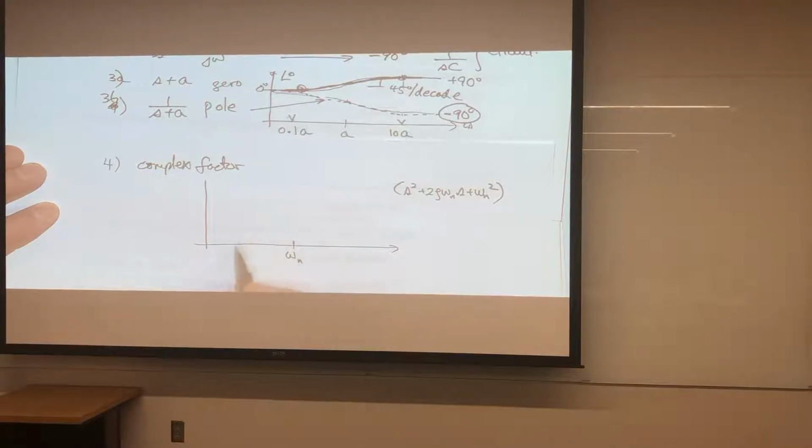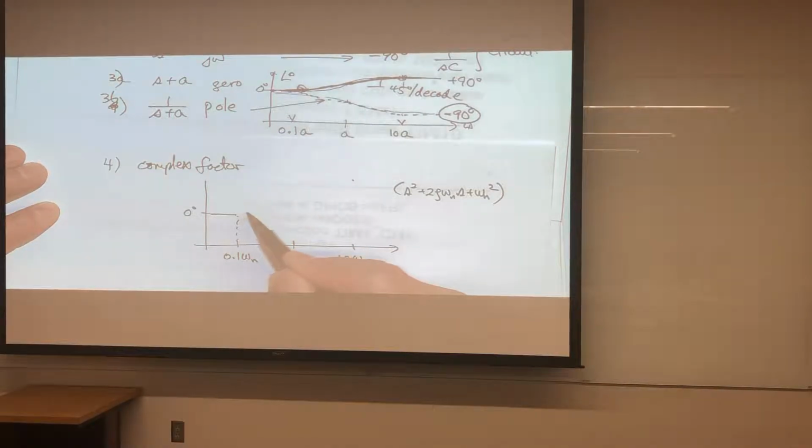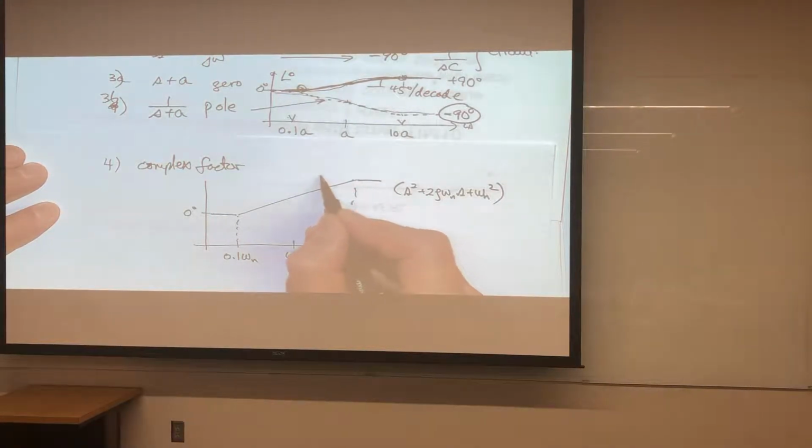The corners in the phase plot are, again, 1 decade below omega n, and 1 decade above omega n. The phase is going to start at 0 degrees. And because it's a 0, it's going to start increasing, complex zeros, complex conjugate pairs, and it will increase like so until it hits this corner, and it will reach positive 180 degrees in 2 decades.